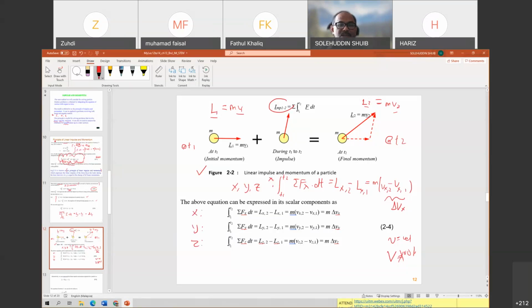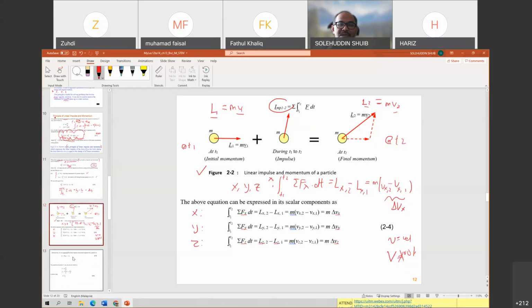Another way to express linear impulse and momentum, we can use the linear impulse momentum equation.